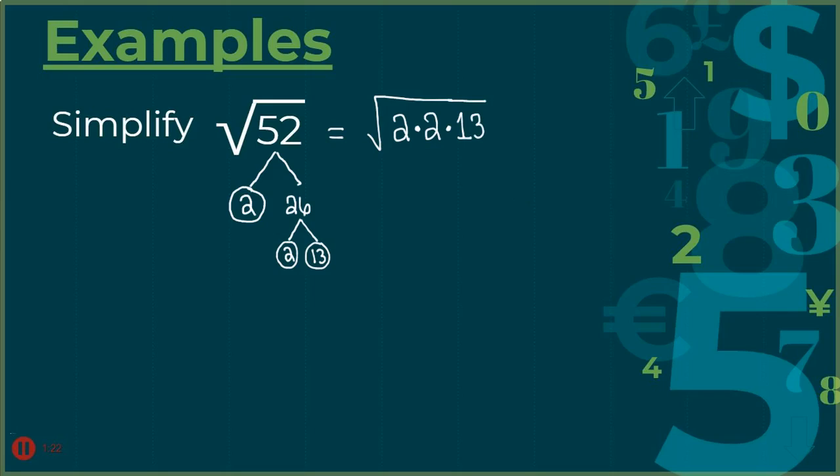Now, what we're looking for is a pair of numbers. Just like that 4 times 4 gave me 16, right here we see 2 times 2. So anytime you see a pair of numbers, that pulls to the outside as that single number. And so on the outside, I would have 2. So this is 2 square roots of 13. And that would be my final answer.